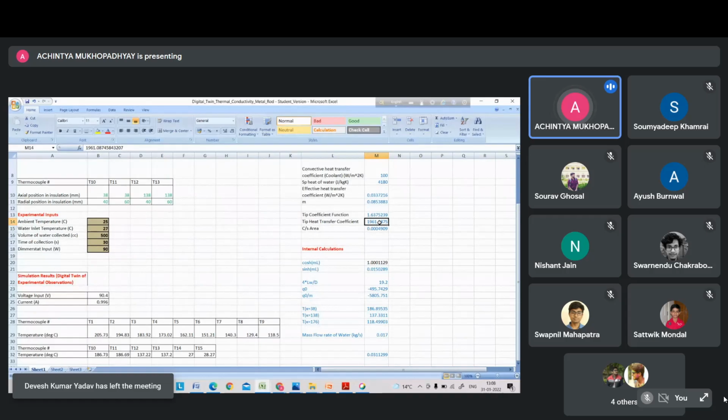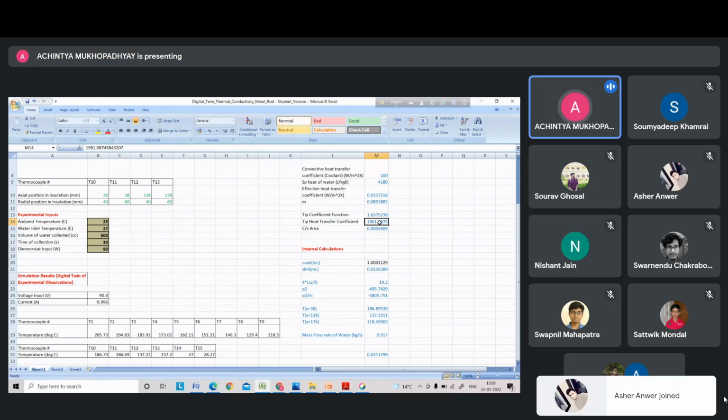When I was making this model, I did not know what will be the values of the heat transfer coefficient h from the side of the fin, and what will be the heat transfer coefficient from the tip. From the tip, I took Q as h_t times (T9 minus T infinity).